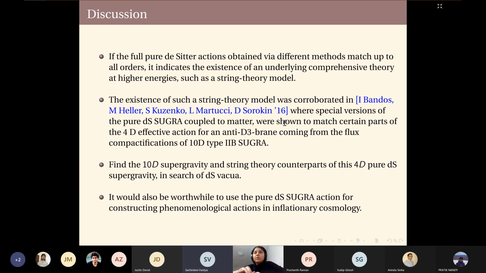Though we have seen some correspondences with the KKLT like action in string theory, it's not necessary that if we do find a string theory model for this pure DS supergravity, it will be a KKLT type model. It might be a completely different string theory model, and so it doesn't have to have a metastable vacuum like KKLT.